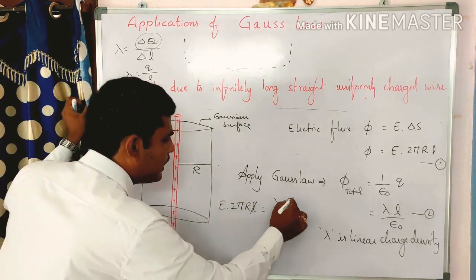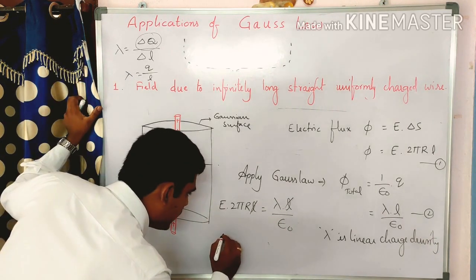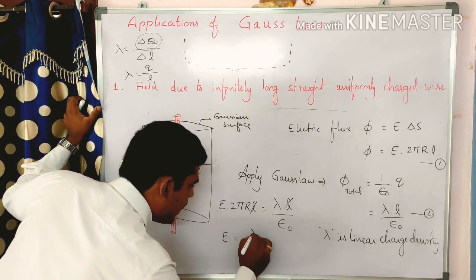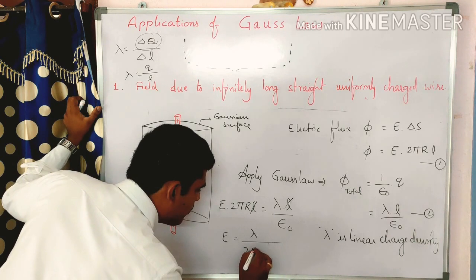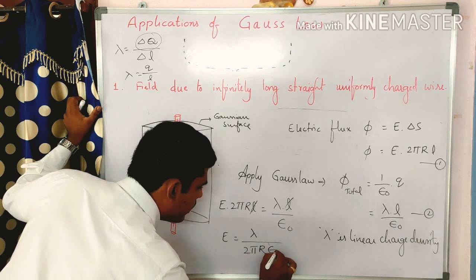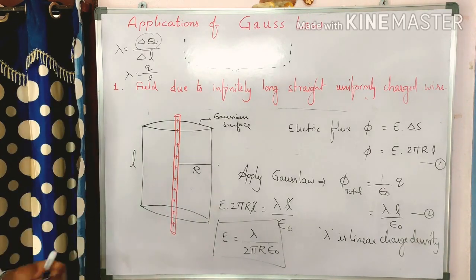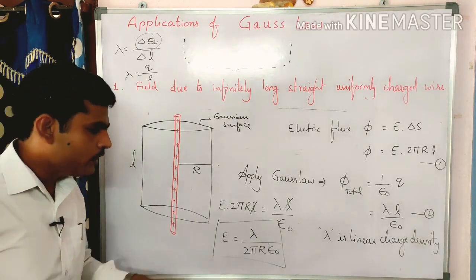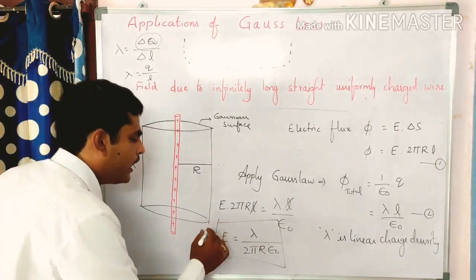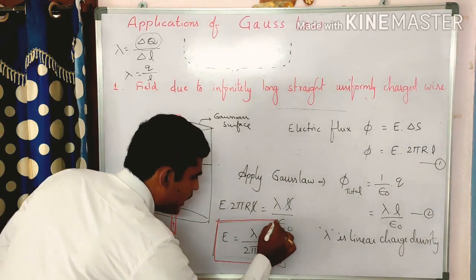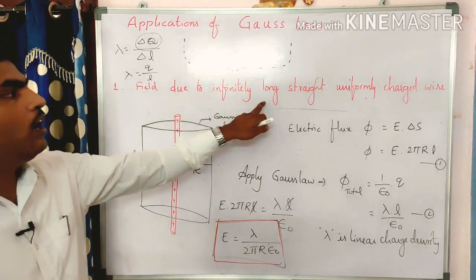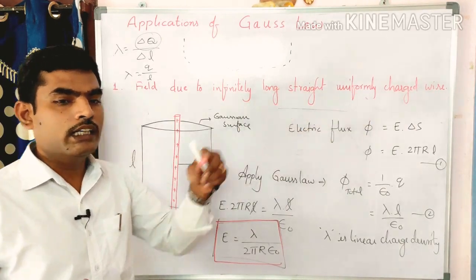This L cancels. So what I will get? E is equal to lambda by 2 pi r epsilon naught. This is showing the electric field around an infinitely long, straight, uniformly charged wire.